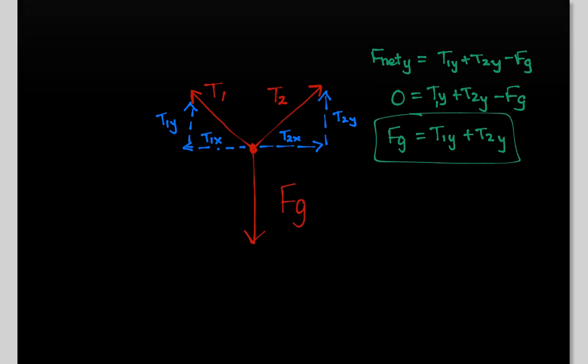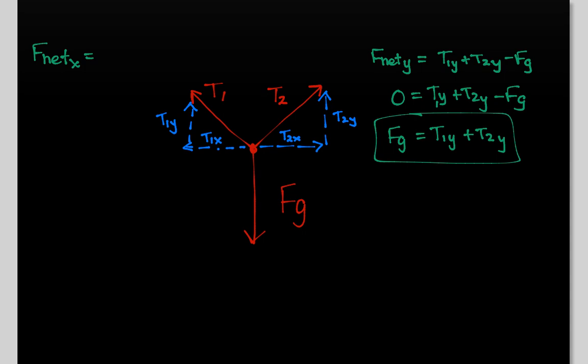Okay, so let's switch gears. Let's go to F net x. What forces are acting in the x component? Yeah, just T1x and T2x, right? Those are the only forces that are acting.